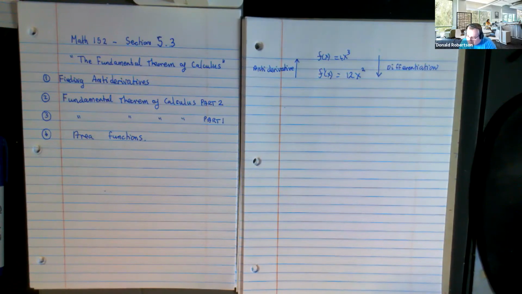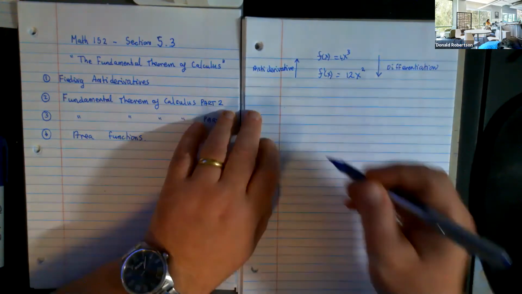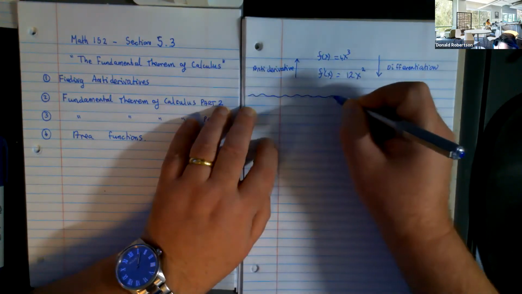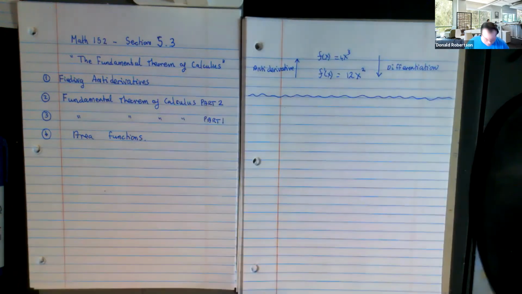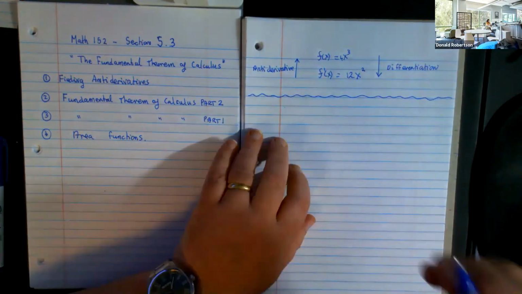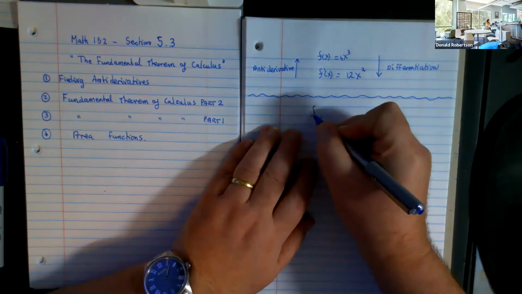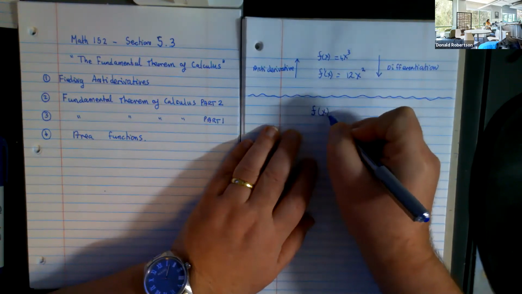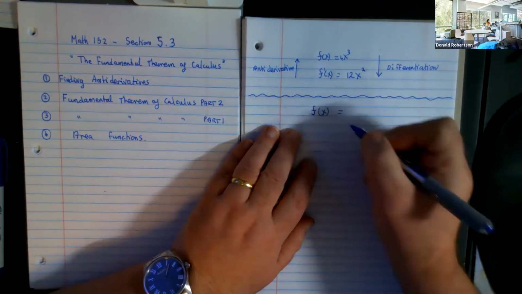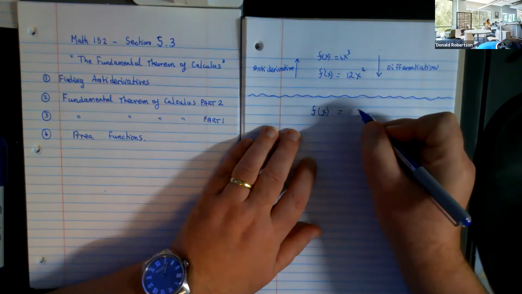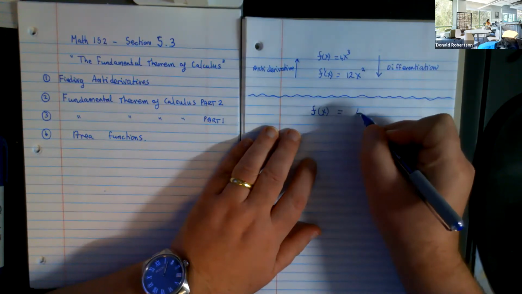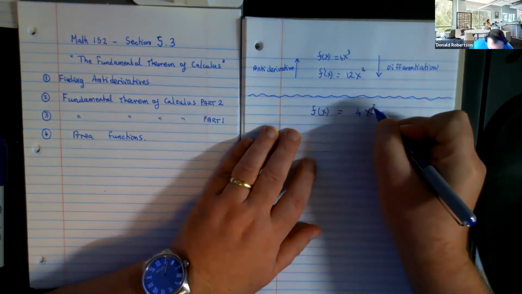Okay. So we're going to get some practice at finding antiderivatives. And I'm going to introduce you to some notation. Our original function is still going to be called f of x, and this particular one is going to be 4x cubed.